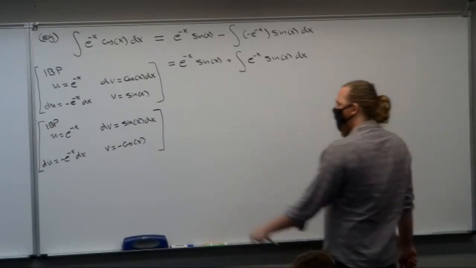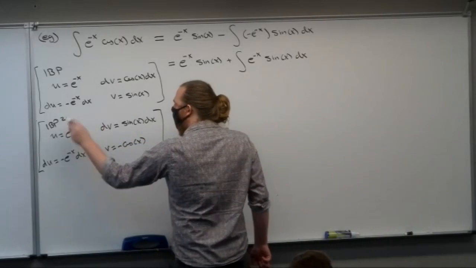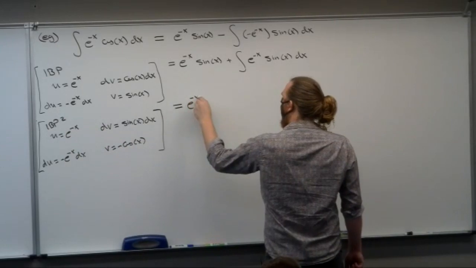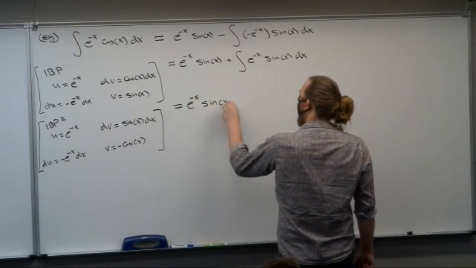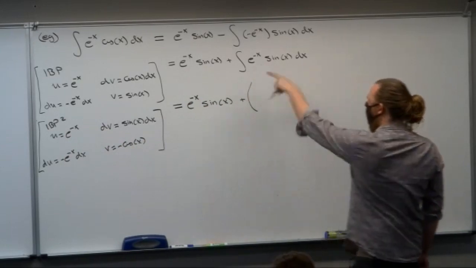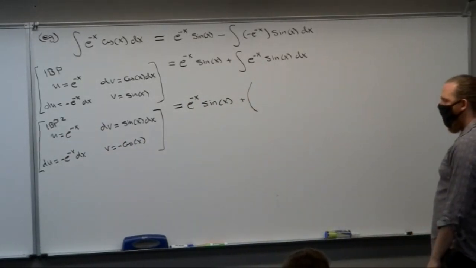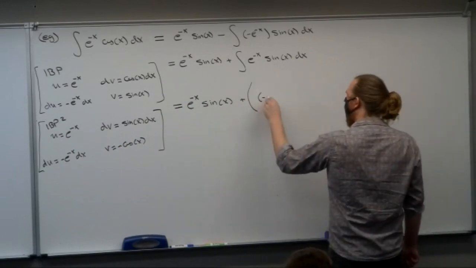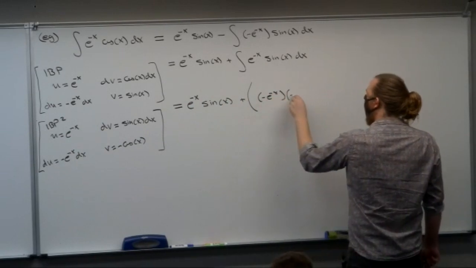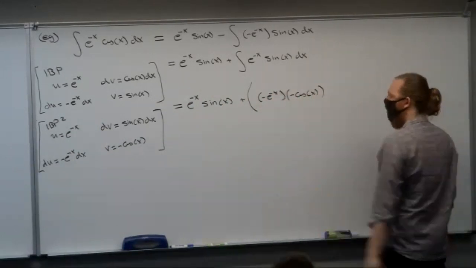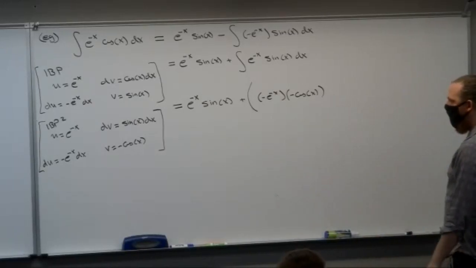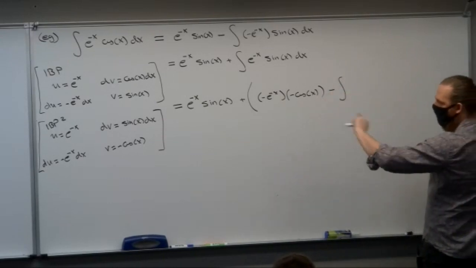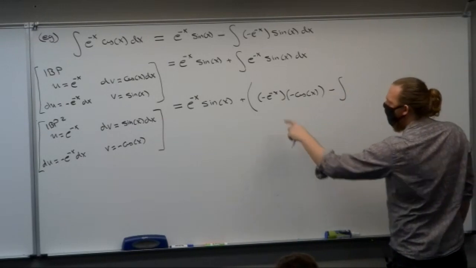All right, applying the IBP formula once again. Here's my second IBP. We have this piece coming along to the right, e to the negative x sine x, plus, now I'm going to replace this integral by its equivalent expression through integration by parts, which is negative e to the negative x times negative cos x. That's the u times v from the second IBP, minus the integral of v du, which is negative cos x times e to the negative x.